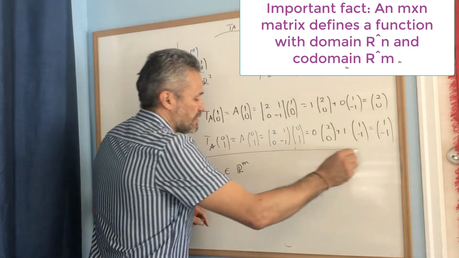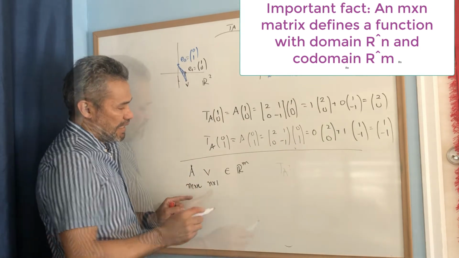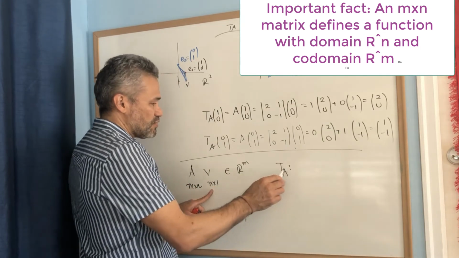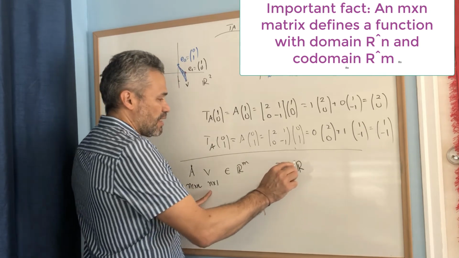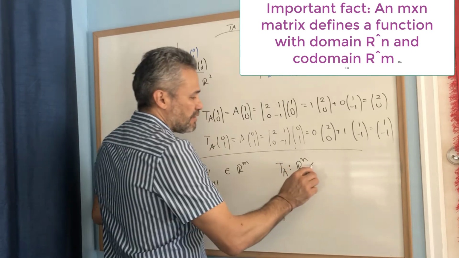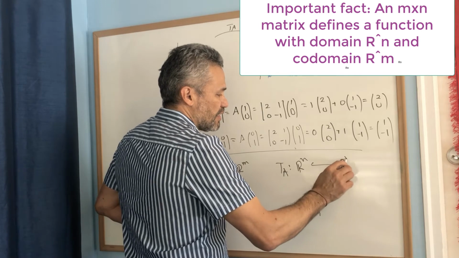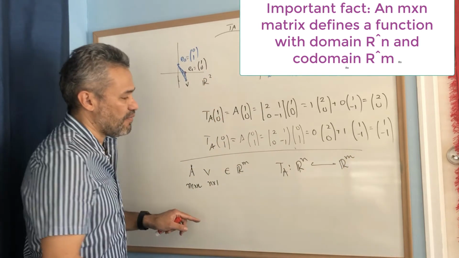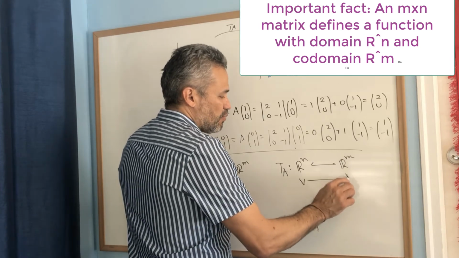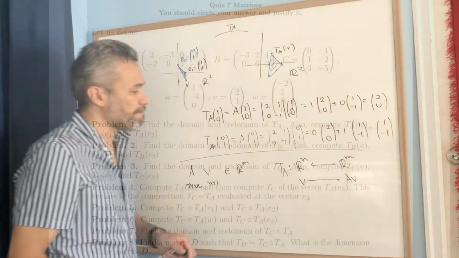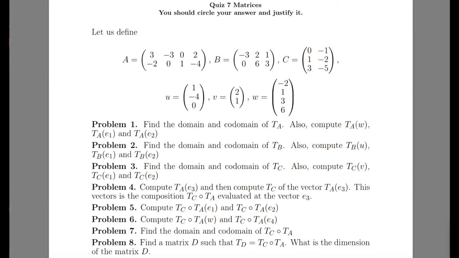That means that this matrix defines a function whose domain is vectors in Rn, and it will produce a vector in Rm. In the same way, you take a vector here, this is the input, and the output is just A times B. Please do this quiz. For the last two questions, it will be useful to see the rest of the video.